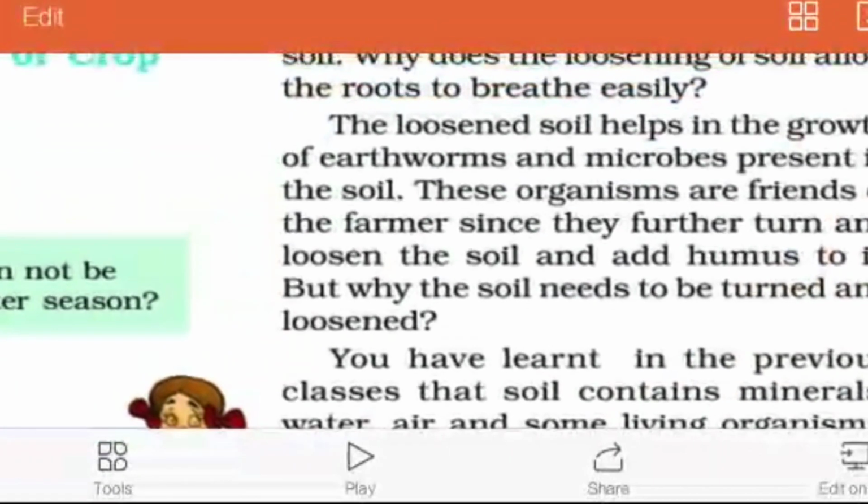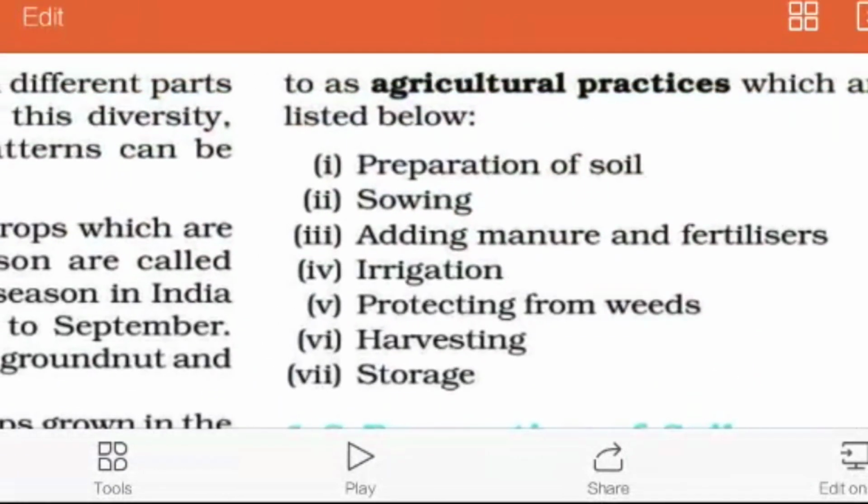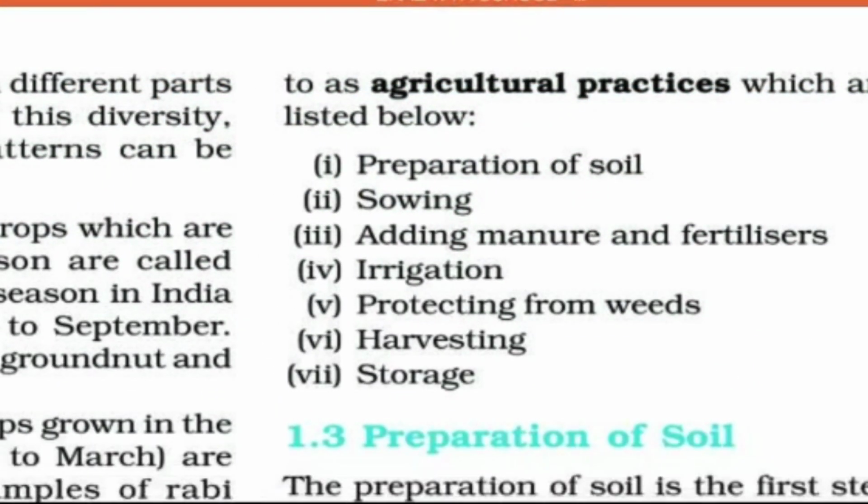There are so many activities, so let us come to know what they are. The agricultural practices are preparation of the soil, sowing of the seed, adding manure and fertilizer, irrigation, protecting from weeds, harvesting and storage of grains. These are very, very important.